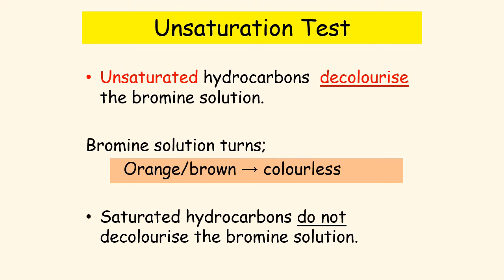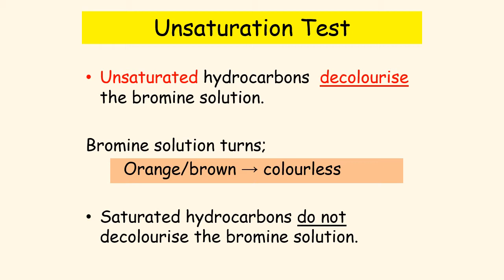So bromine solution is an orange-brown color. If you add a few drops of bromine solution, sometimes called bromine water, to a hydrocarbon, that orange-brown color will become colorless. If you add the orange-brown colored bromine solution to a saturated hydrocarbon, it will not decolorize and it will turn your solution orangey-brown.